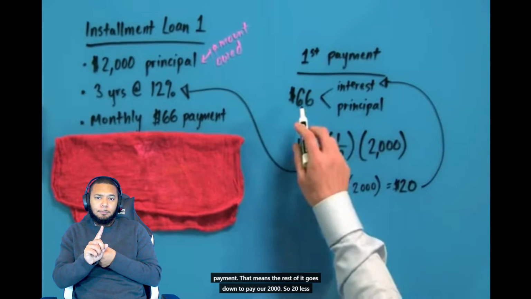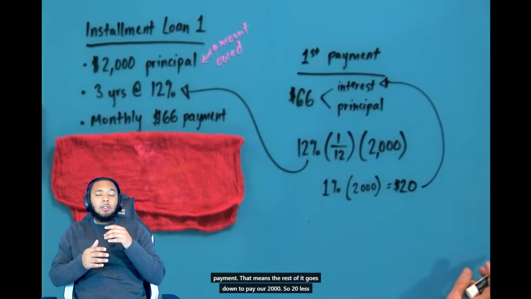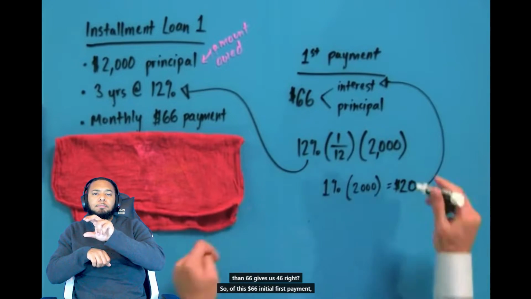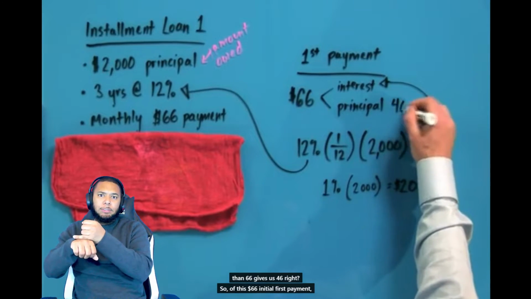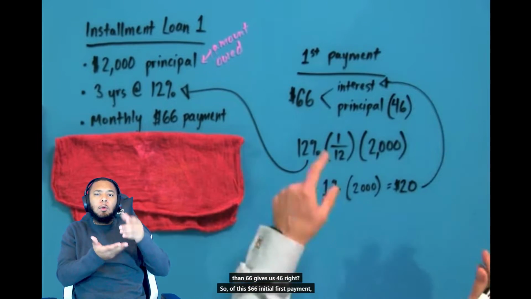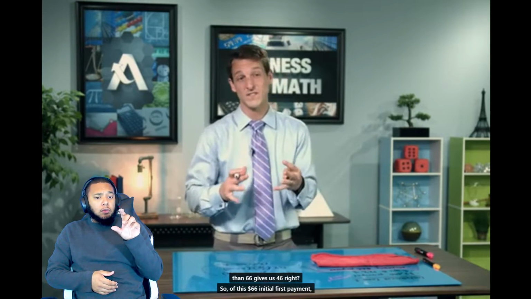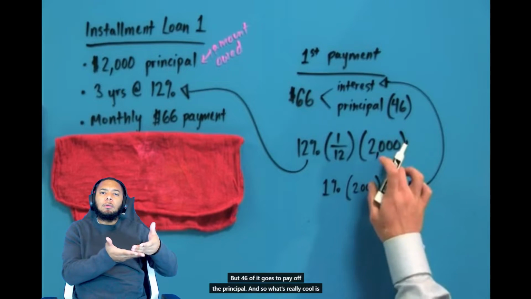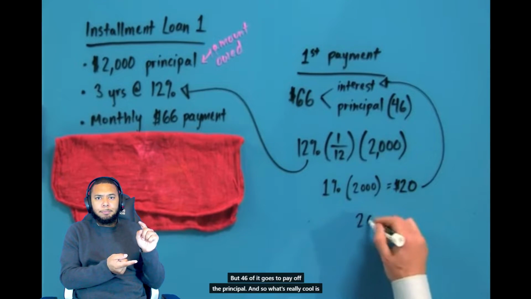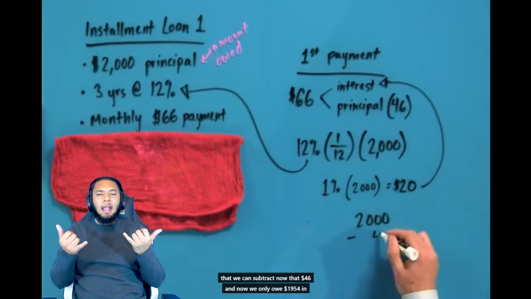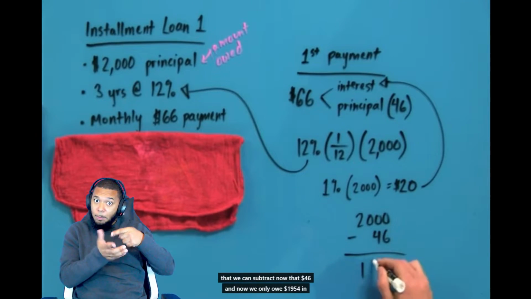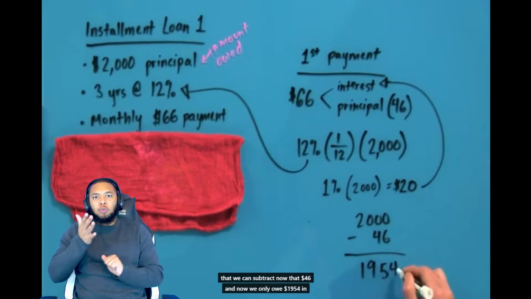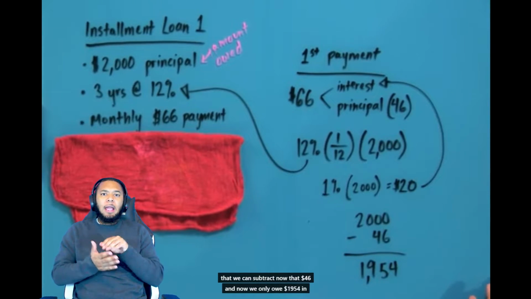That means the rest of it goes down to pay our $2,000. So 20 less than 66 gives us 46. Of this $66 initial first payment, $20 of it goes to interest because we borrowed $2,000 to buy this computer, but $46 of it goes to pay off the principal. And what's really cool is that we can subtract that $46, and now we only owe $1,954 in principal.